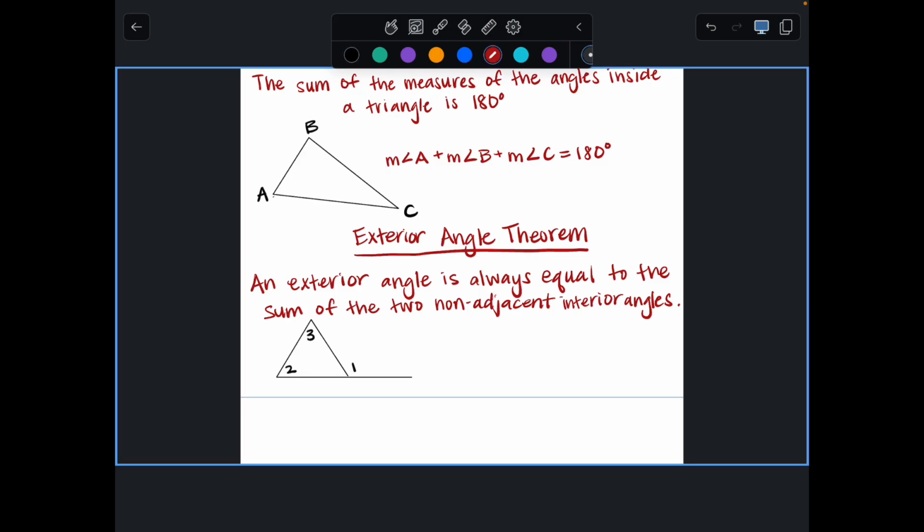So if you look at the diagram here, we are saying that the measure of angle 1 equals the measure of angle 2 plus the measure of angle 3. So that exterior angle, angle 1, if you know what 2 and 3 are, you can add those together and that will give you the measure of angle 1.